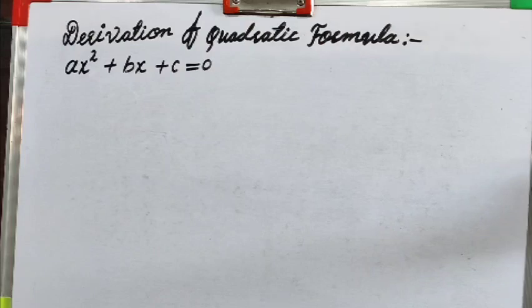But in some cases the quadratic equation consists of a very small number, or sometimes it consists of a number with roots. In that case you sometimes find it very difficult to calculate the roots of a quadratic equation. So that is why I am going to explain the derivation.